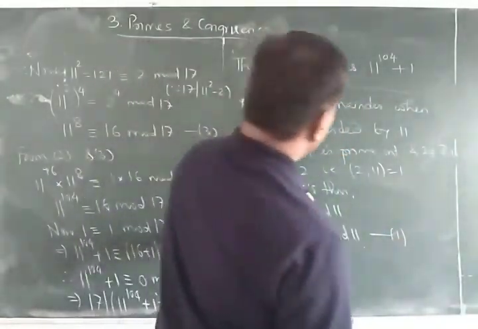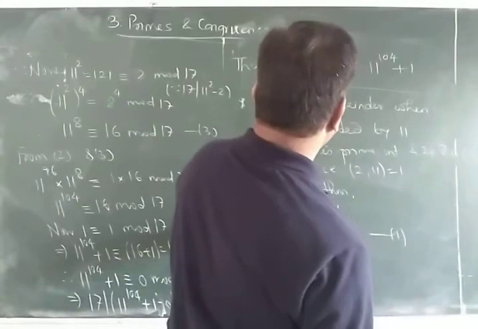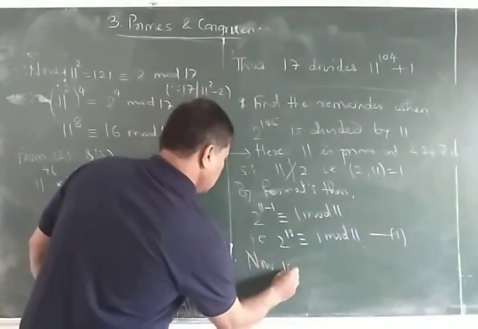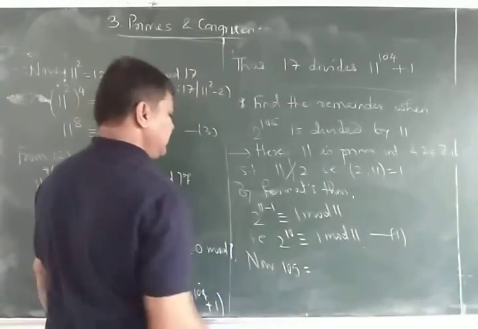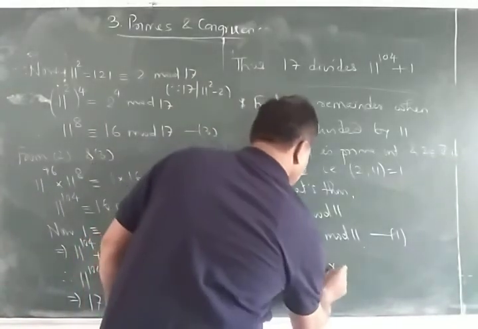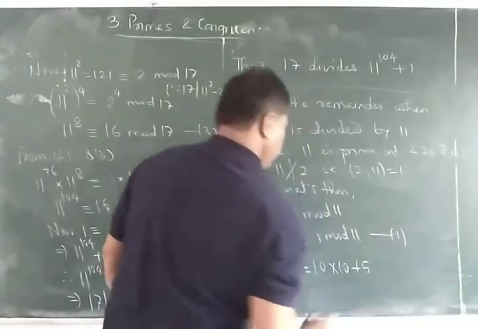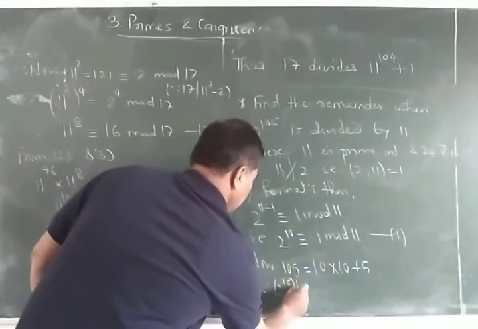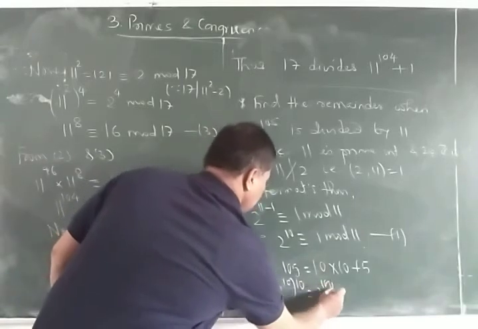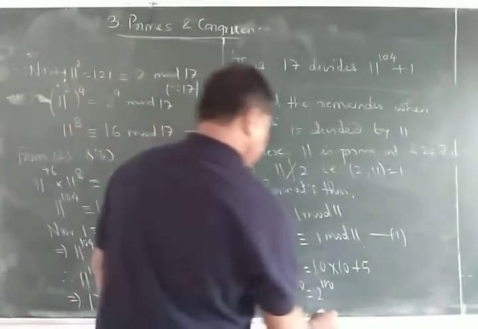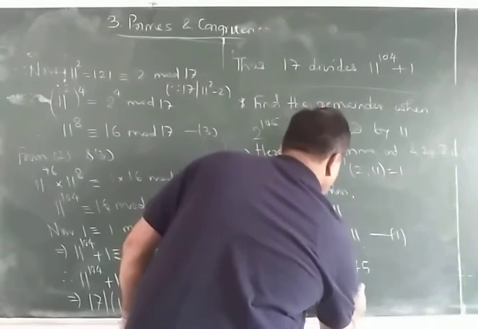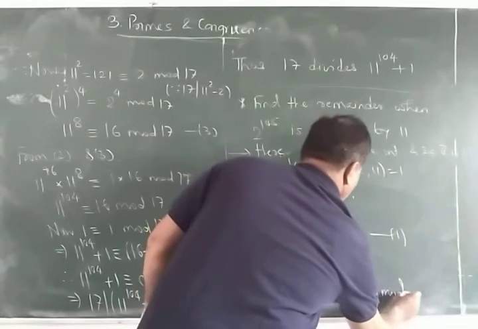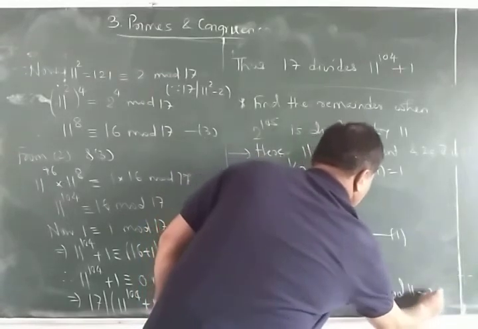Now 105 we will divide by 10: 105 is 10 into 10 plus 5. Therefore, 2 raised to 100 is congruent to 1 raised to 10, which is equal to 1 mod 11. This is 2.